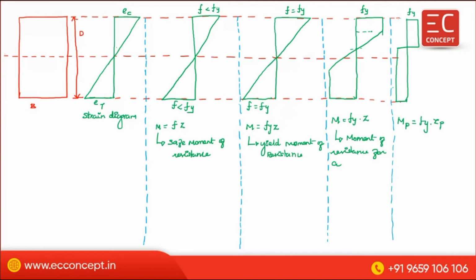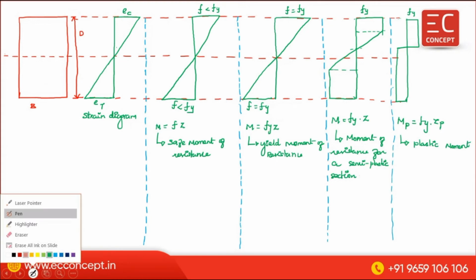Up to here is plastic. Below this also plastic. So that's why we are saying this is the moment of resistance for a semi-plastic section. Then Mp is the plastic moment. So these are the data.